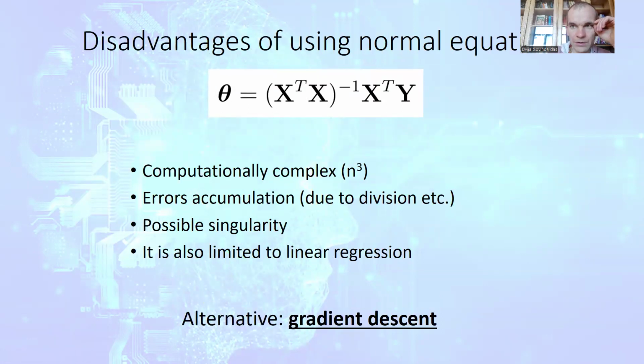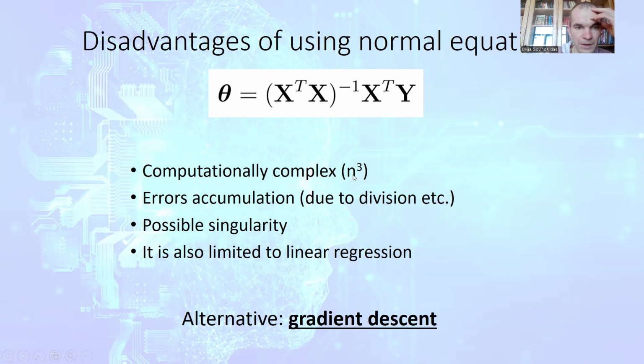So we consider it in this way: the finding of W and B in multivariable linear regression by normal equation. What are the drawbacks, or maybe slight disadvantages, of using the normal equation? It's computationally complex. We can see from the formula for theta that we have to invert a matrix which is n by n, which costs the third degree of n.